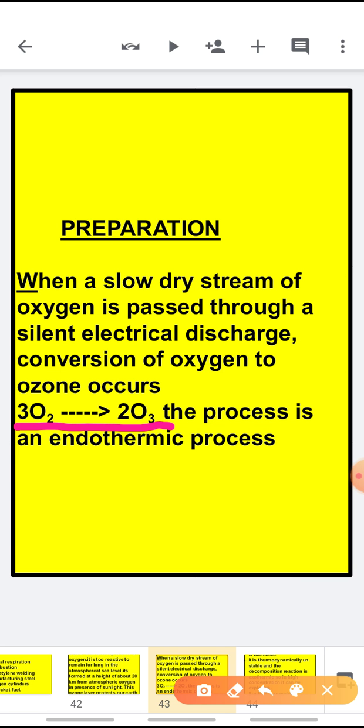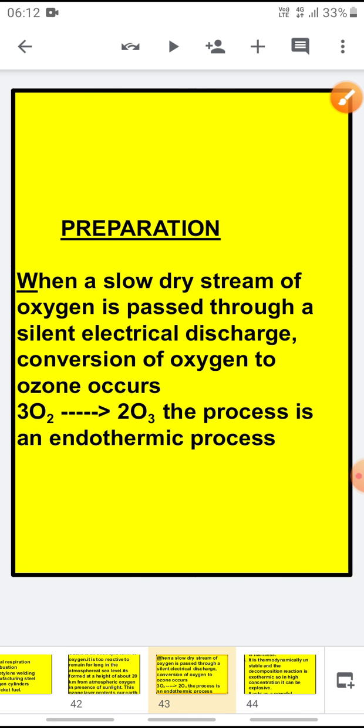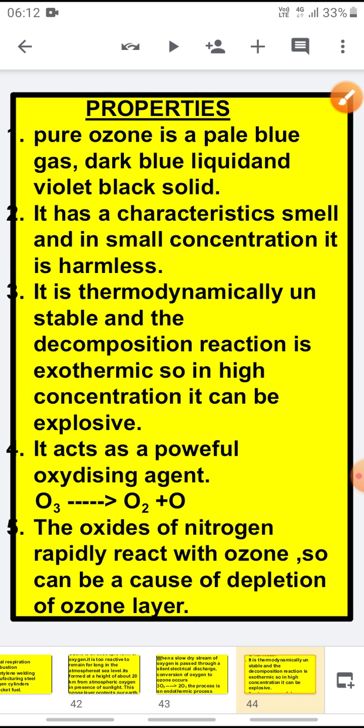Now children, coming to the properties of ozone. Ozone, when present in the form of a gas, is a pale blue gas. When present in the form of a liquid, it is a dark blue liquid, and when present in the form of a solid, it is a violet black solid.